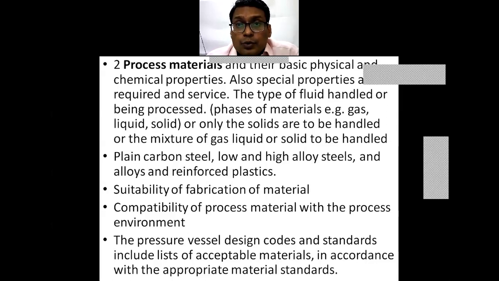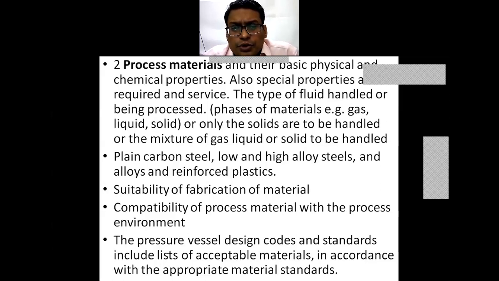A chemical, we are processing the chemicals in our plant, and their basic physical and chemical properties are what is needed. Also the special properties are required, and its service. The type of fluid handled or being processed, whether it's a gaseous phase, liquid phase, or whether it's a solid or a combination of all these different phases.